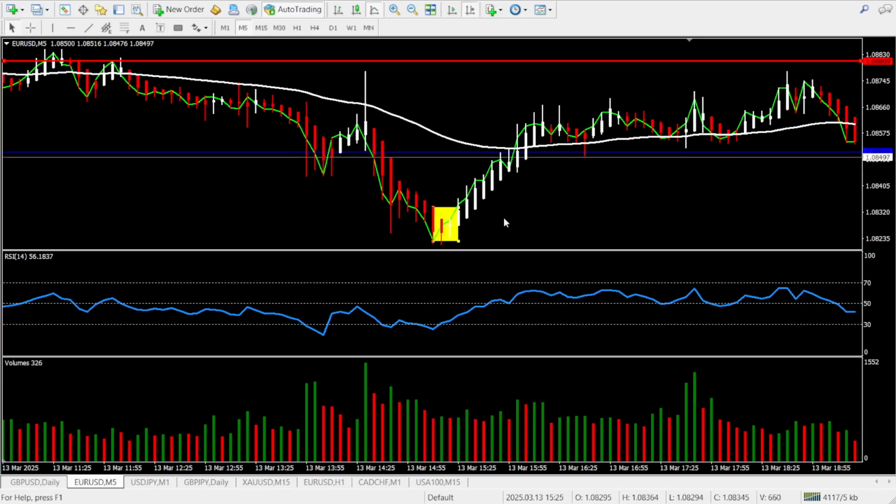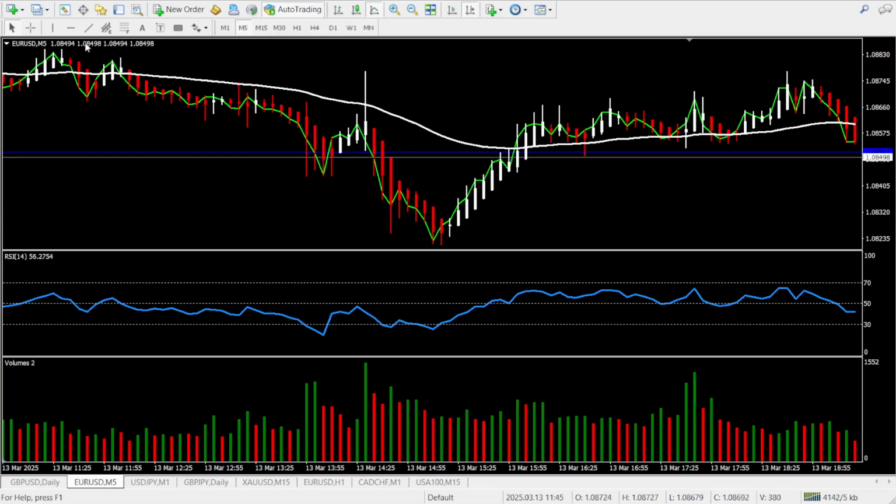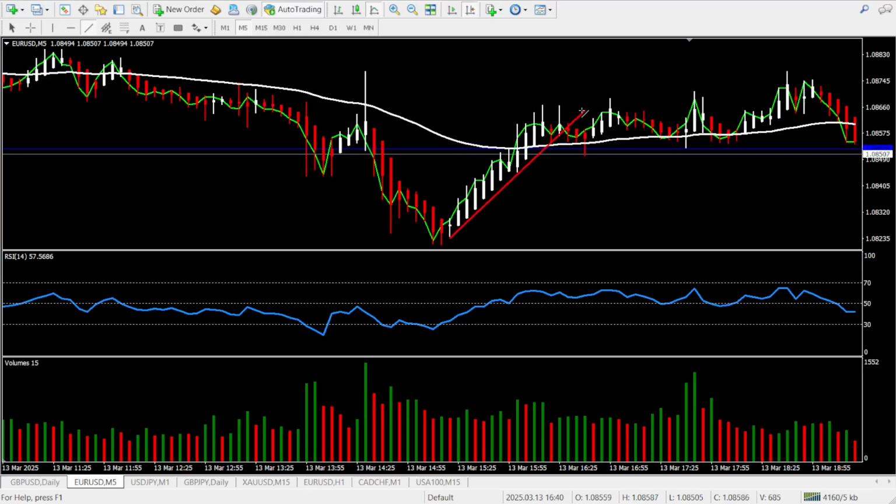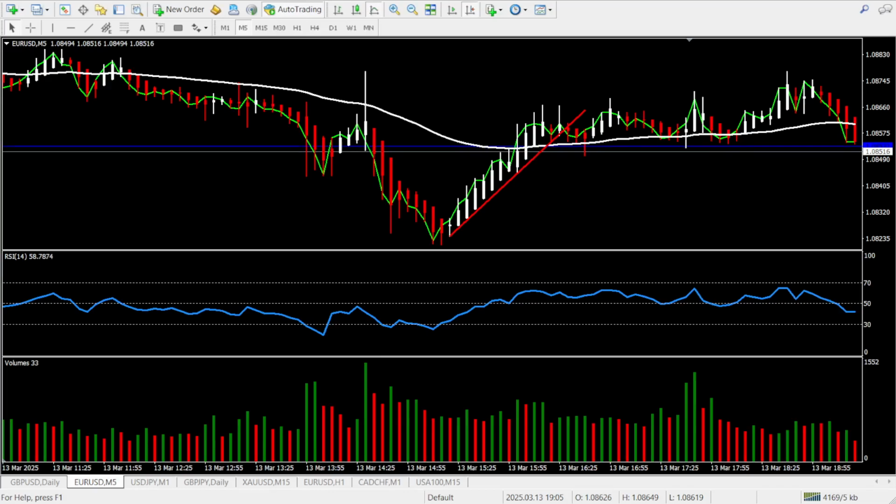Then you enter when the candle confirms a reversal, with a color change, right? Then use the RSI and volume indicator to confirm the move. Okay, you can see the RSI is climbing up from the oversold territory, so that's a good buy indication. Now, these two strategies help you capitalize on clear trends and avoid unnecessary losses.